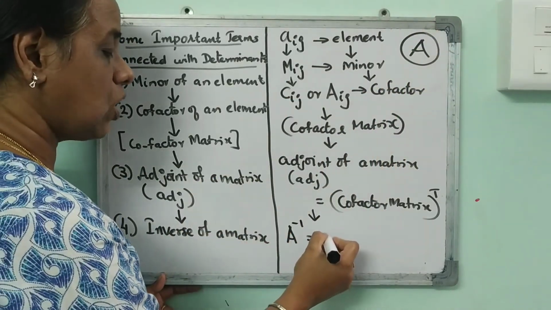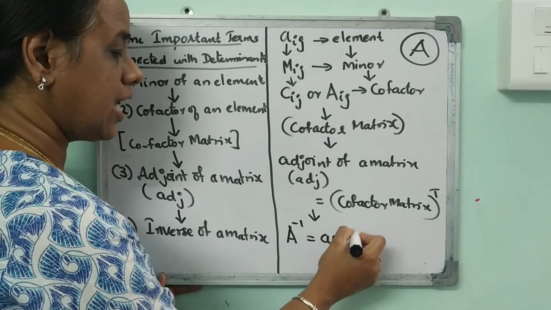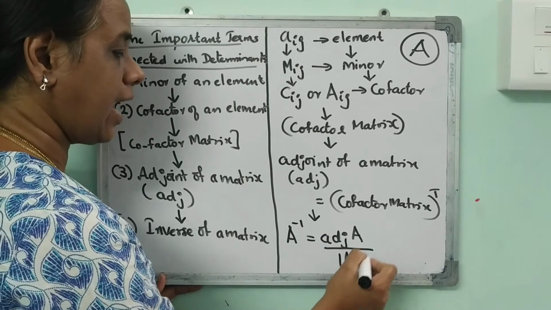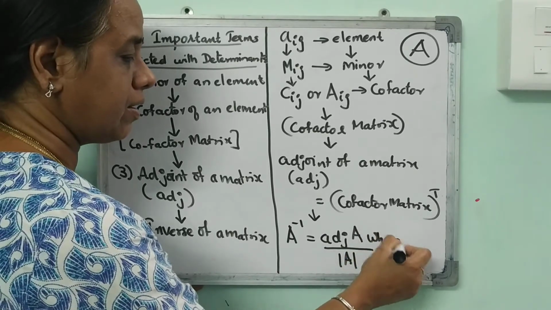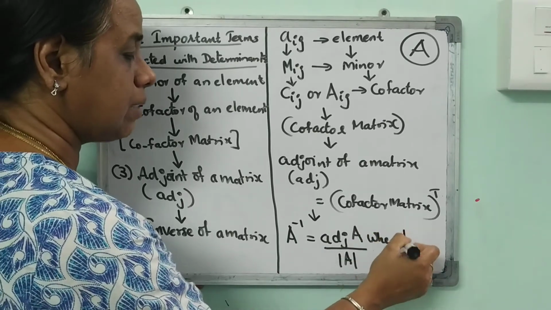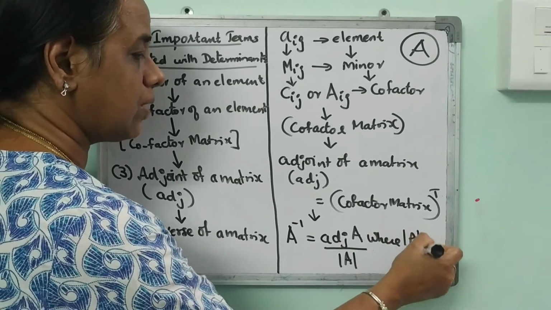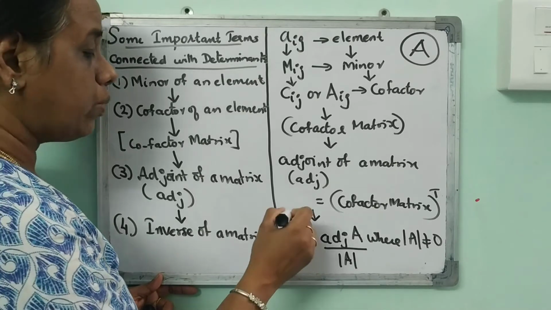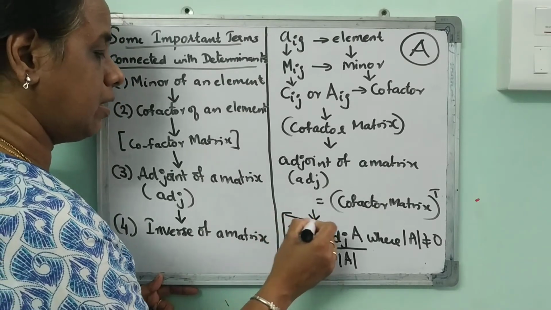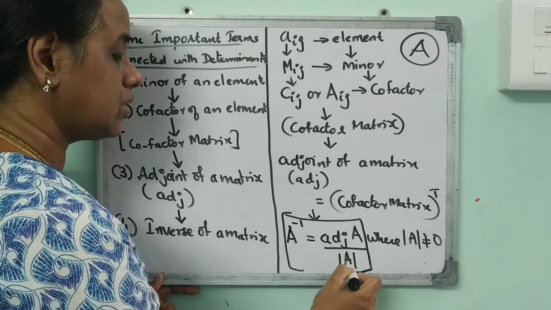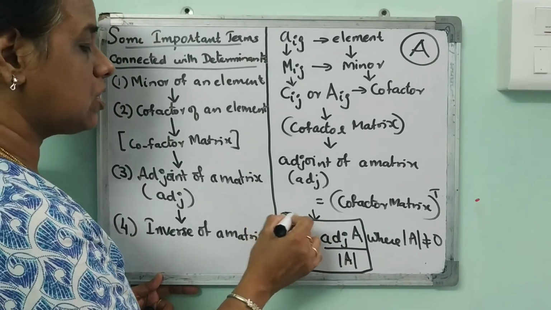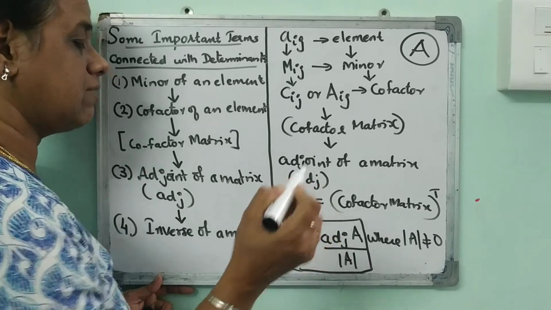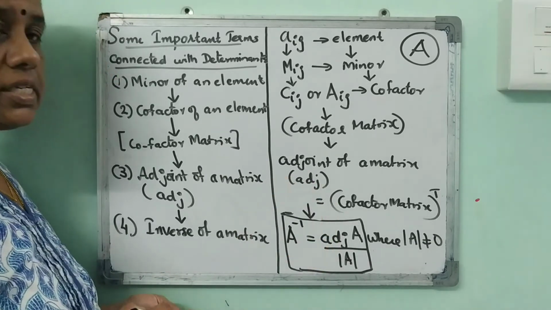A inverse has a formula where we say that it is adjoint A by determinant A, where determinant A is not equal to zero. When I say determinant A, it means the value of the determinant. If it is a 2 by 2, you know how to work out the value. If it is a 3 by 3, you also know how to work out its value. Okay. So finally, A inverse is given by adjoint A by determinant A.